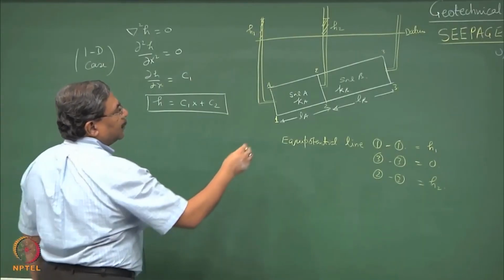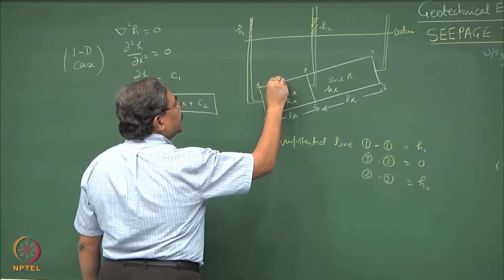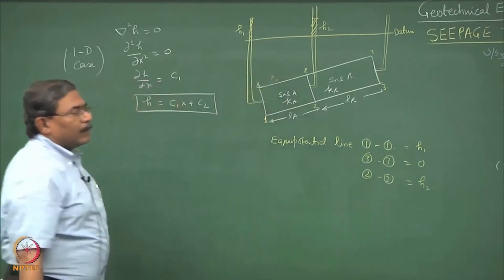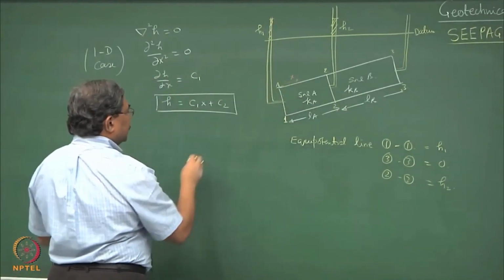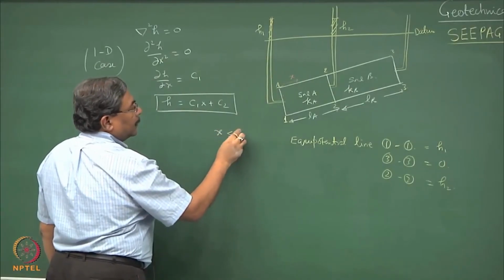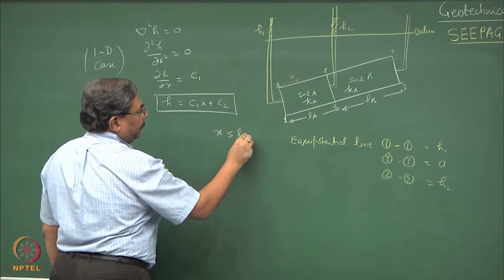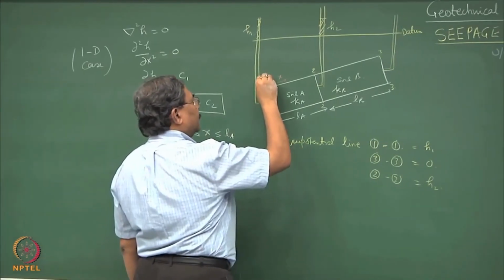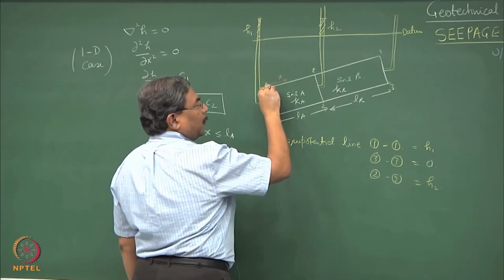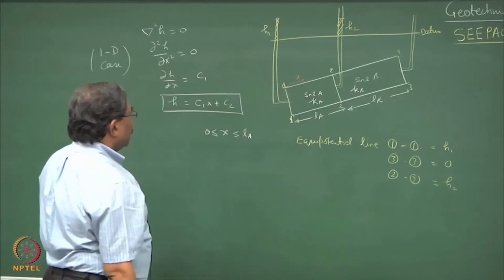So, let me consider first a distance x starting from point 1, and x is such that it is less than LA and greater than 0. If I consider x to be, this should be my reference point. So, what is going to happen?